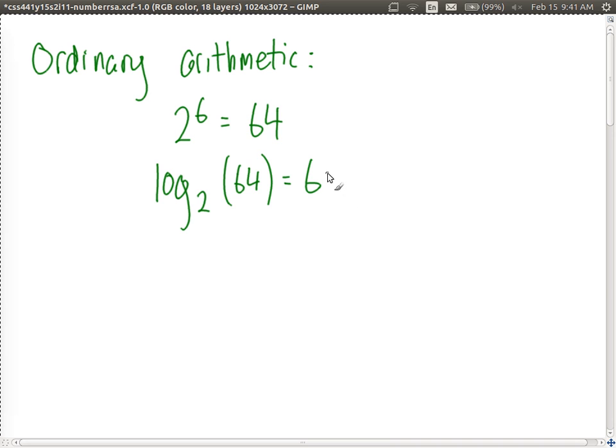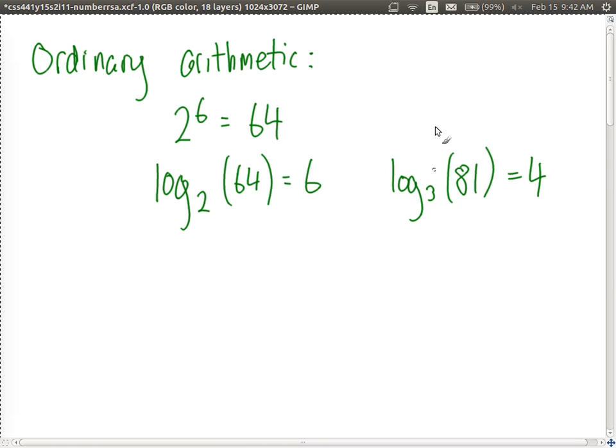That's our logarithm operation. Or the other way, if I know the log of 81 in base 3 is 4, then 3 is the base, 4 is the exponent, and the answer is 81. 3 to the power of 4 is 81.